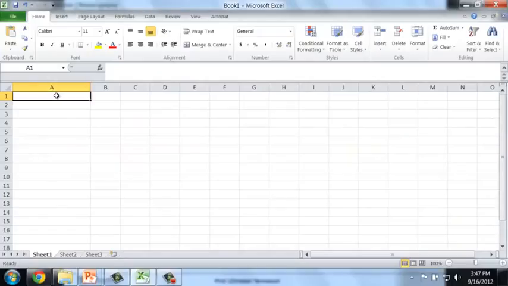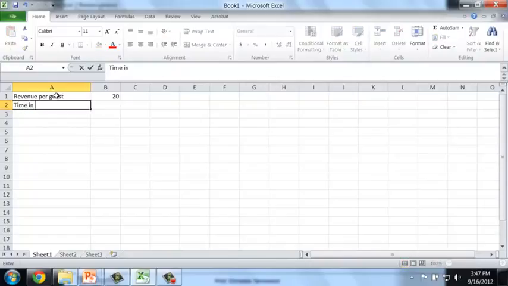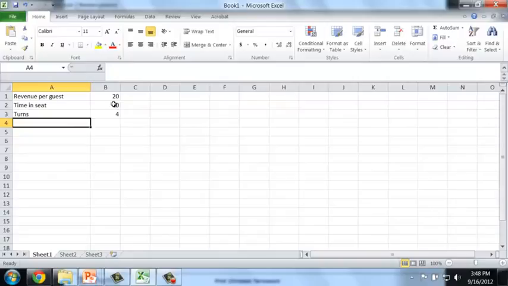All right, let's start with the revenue calculations. We begin by looking at the revenue that we get per guest, $20. Then we have the time that the guest is in the seat, plus the cleaning time, which we said right now is 60 minutes. That allows us to turn the table 240 minutes divided by 60 equals 4 times.